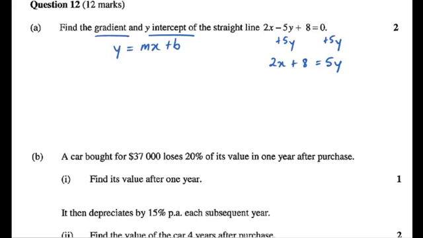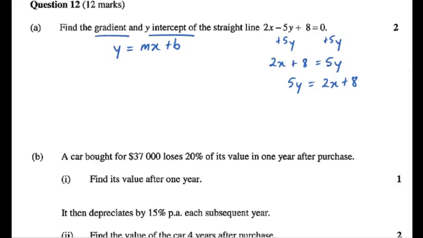Some of you prefer to work with the y on the left-hand side. Since those two things are equal to each other, I can simply turn that around and write 5y is equal to 2x plus 8. It's the same thing as saying half is equal to 0.5, or 0.5 is equal to half. It doesn't matter which way you write it.